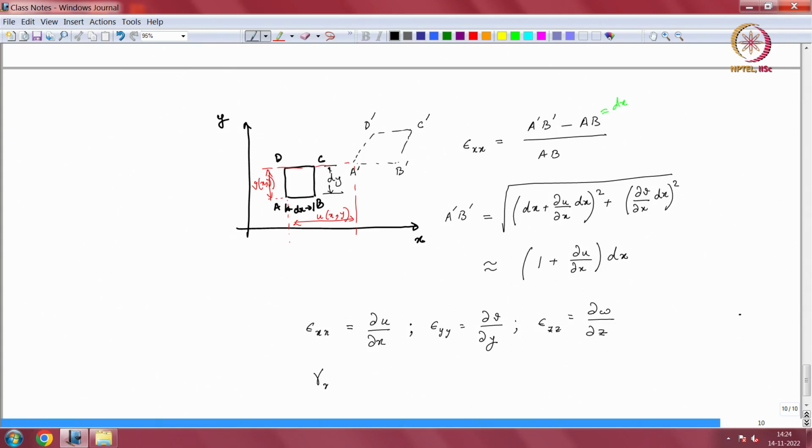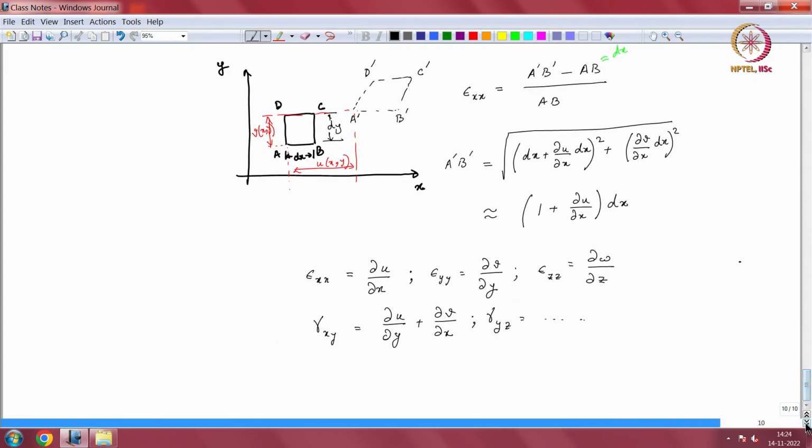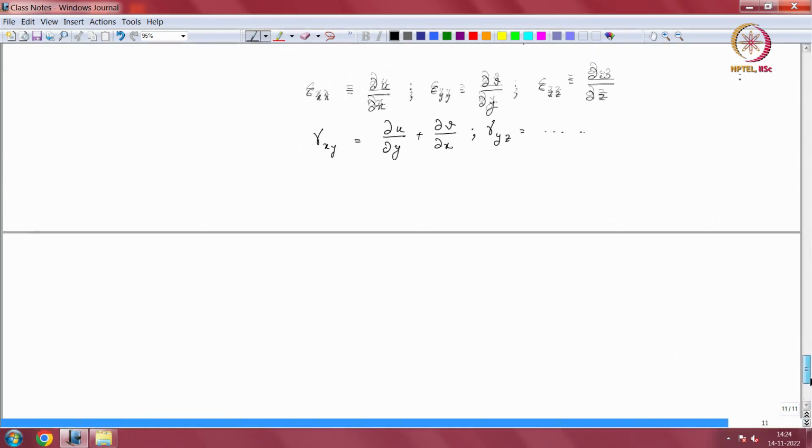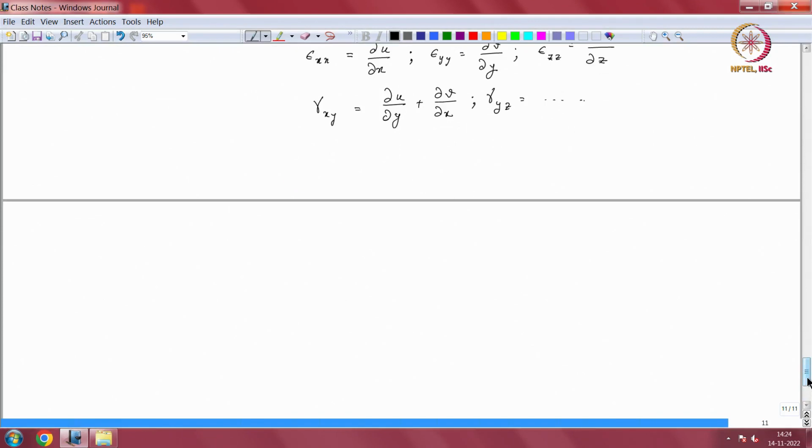So for example, gamma xy, which can be written as del u by del y plus del v by del x. And similarly for the other strains, I am not going to write them down. I am just stating this for completeness and to show you how this is related to the previous derivation. So now these are also called the strain displacement relationships.